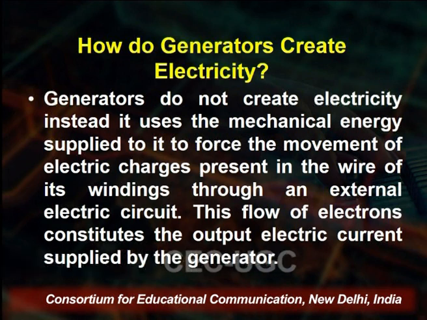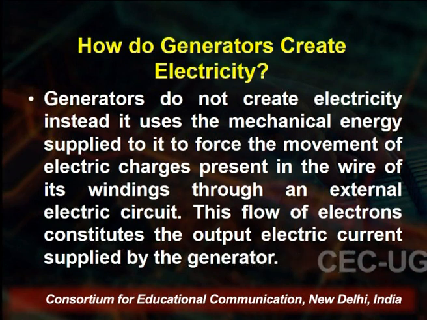In modern days, generators work on the principle of electromagnetic induction that was discovered by Faraday. He realized that the flow of current can be created by moving an electrical conductor in a magnetic field. It means we use the magnetic field. After the discovery of the relation between electricity and magnetism, Faraday realized that the flow of current can be created by moving an electric conductor in a magnetic field.